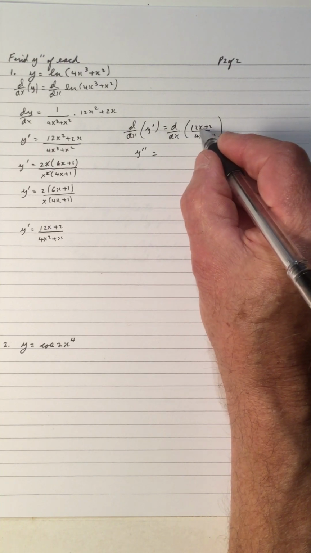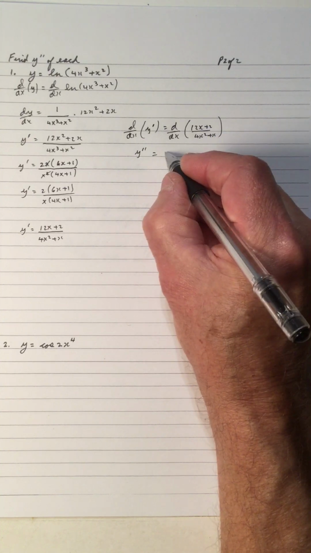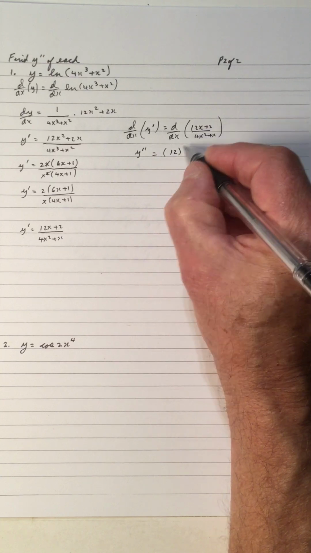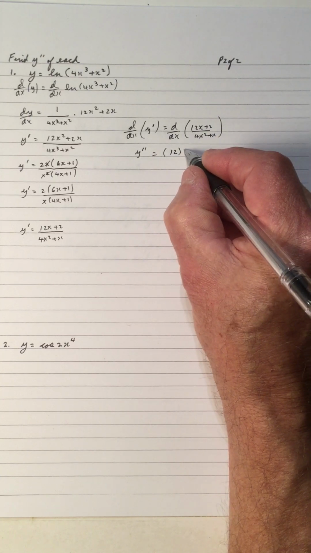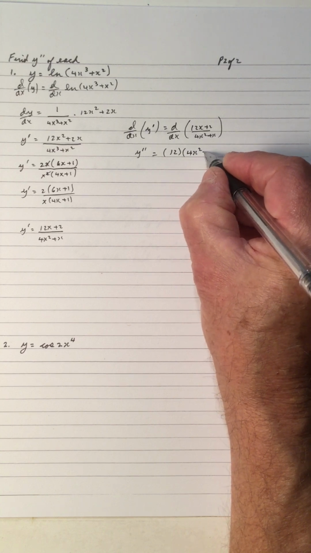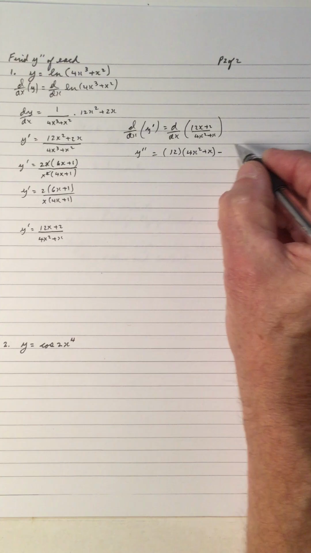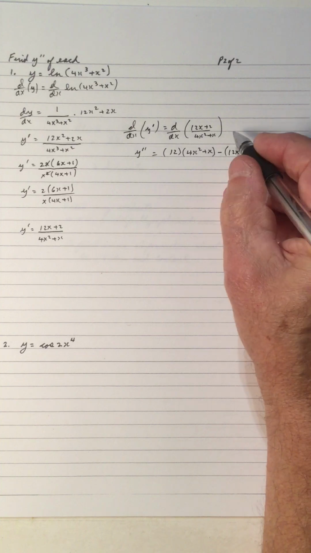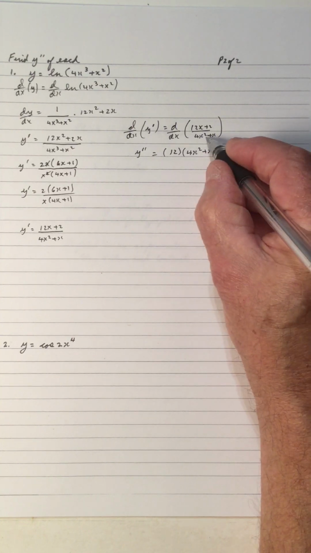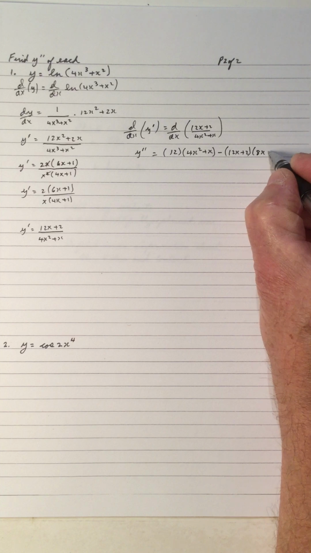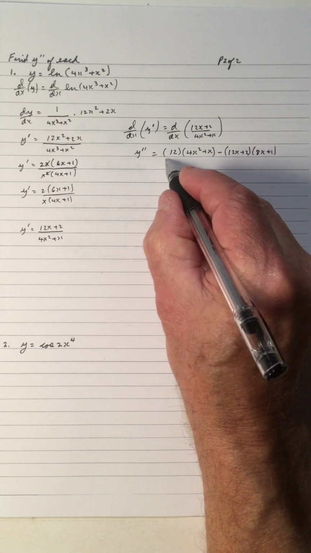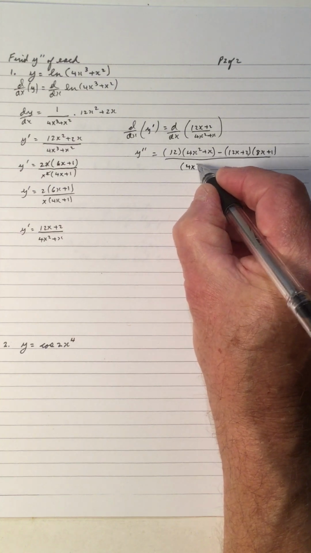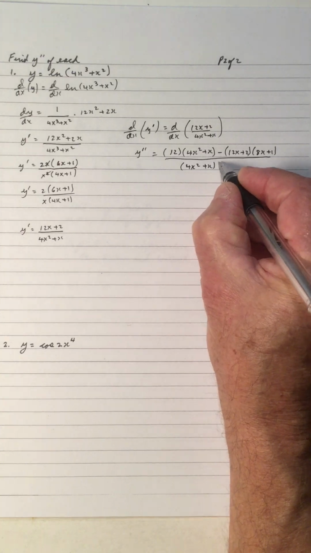It's the derivative of the f on the top: derivative of 12x is 12. Derivative of a constant is 0. Times the g, which is the denominator, minus f, which is 12x plus 2, times the derivative of the bottom, g, which is 8x plus 1, all over g squared, so 4x squared plus x, squared.